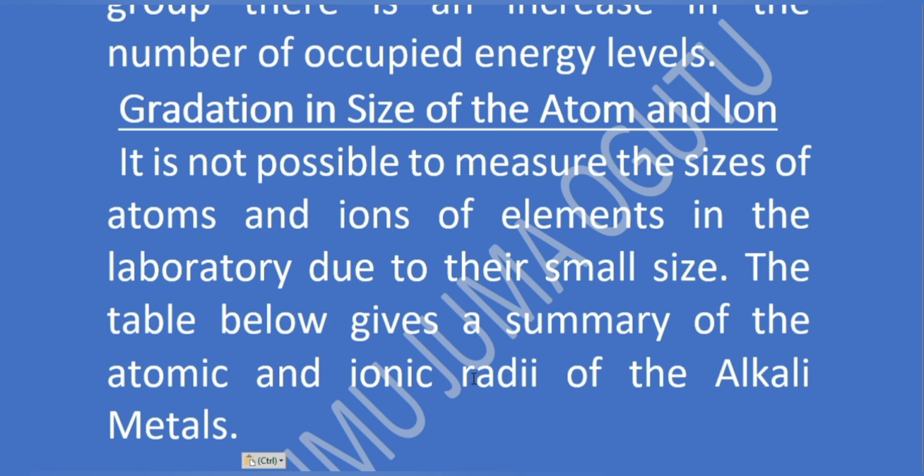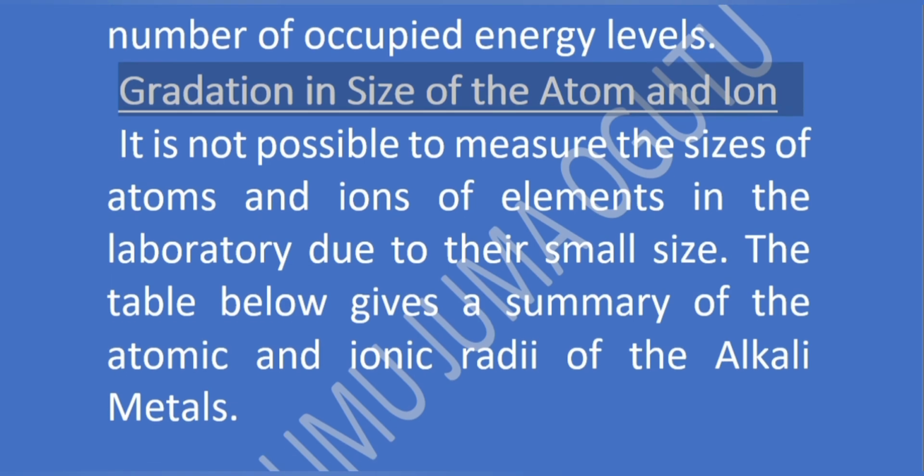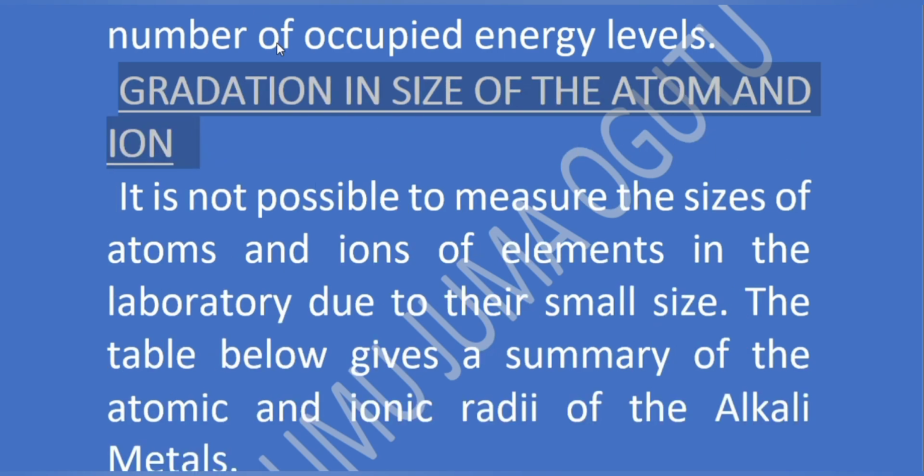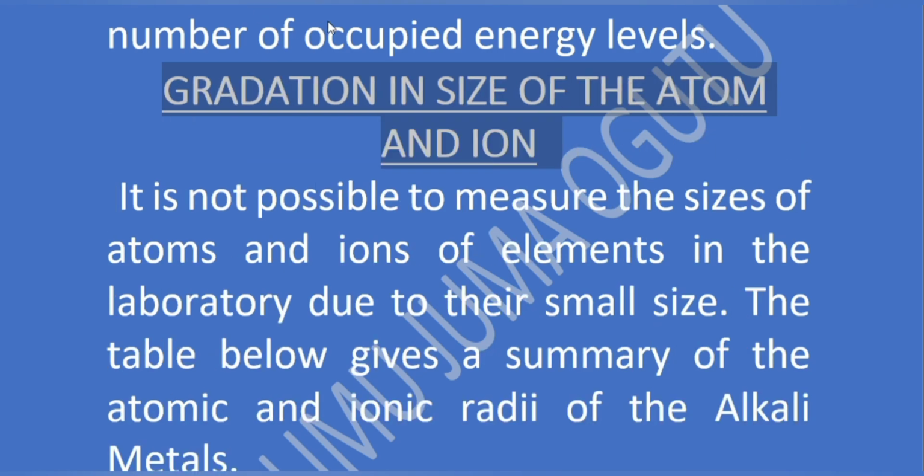Now let's look at the gradation in size of the atom and ion. Remember we said for an ion to be formed, there is either losing or gaining of electrons. So we say that it is not possible to measure.